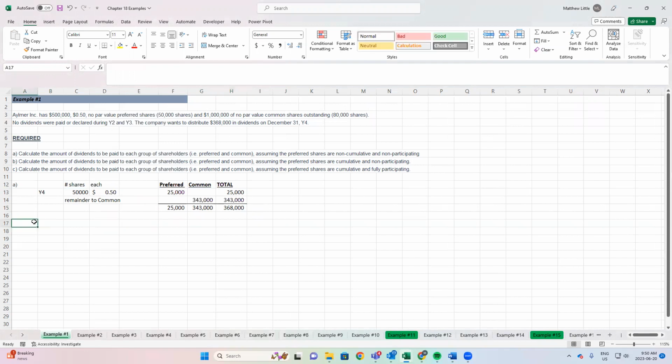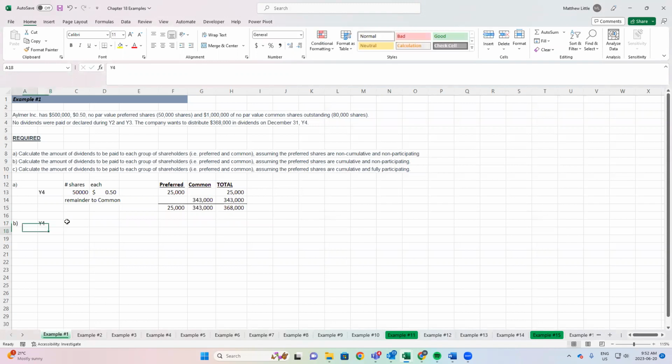Let's look at item B. Item B says we want to assume the preferred shares are cumulative but non-participating. So if cumulative and non-participating, which means whenever dividends are declared, you have to pay back any years that were missed.